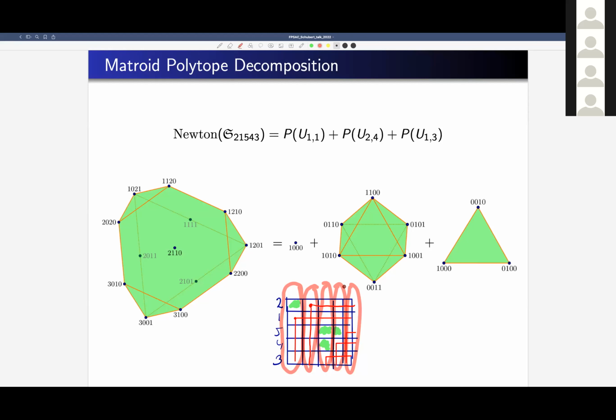Well, actually, it's not us who define them, rather Knutson and Zinn-Justin, or Fink, Mészáros and St. Dizier. And so, well, in this case, it's very simple. We got the uniform matroid here on one element with less than or equal to 1. This is empty. And this is a uniform matroid, 4 elements with 2 elements in the basis on the elements 1, 2, 3, 4, and here our elements are 1, 2, 3, and we have one element. And so we are just summing these matroid polytopes.